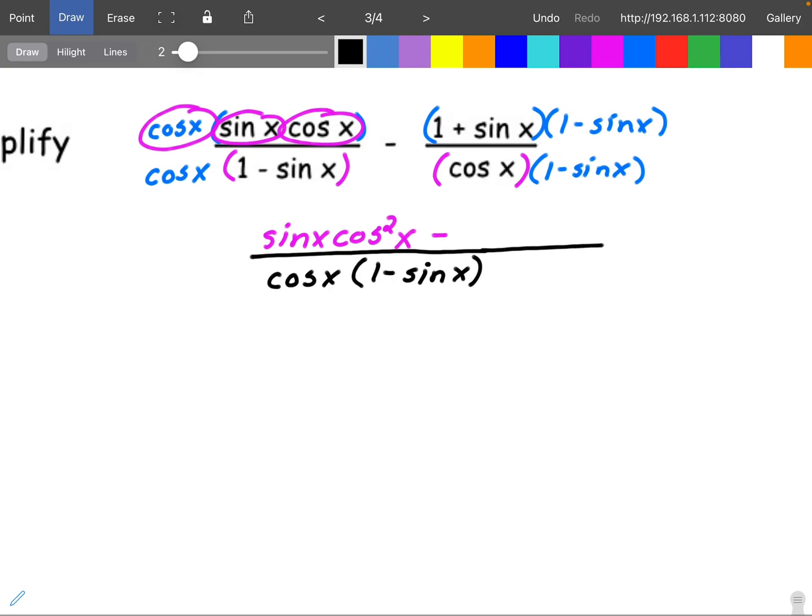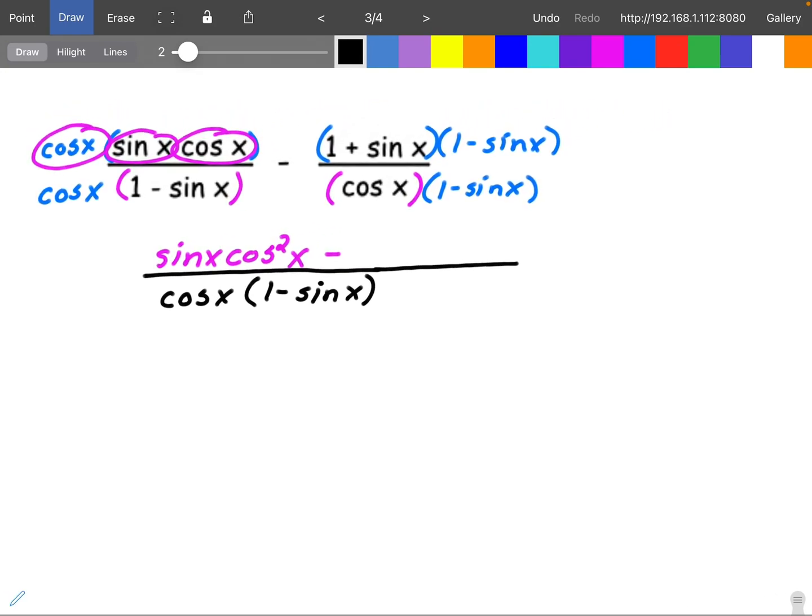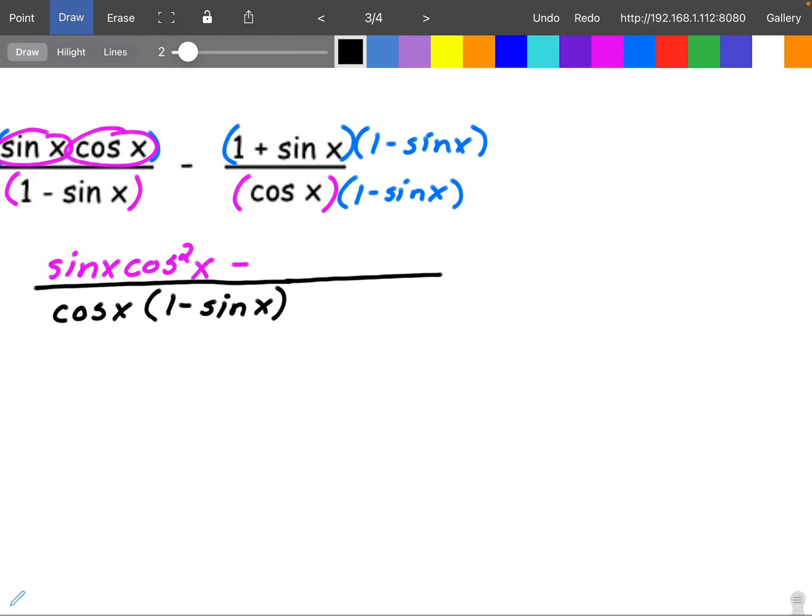Then I'm going to have minus, and I move on to my second fraction. Now this is where we have to actually distribute it out, because I have a binomial times a binomial. Some of us like the box method, some of us FOIL it out. Whatever works for you is great. So if we do the box method, then I have 1 plus sine x times 1 minus sine x.